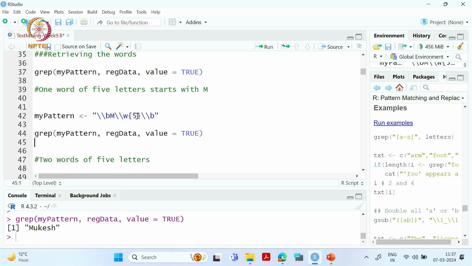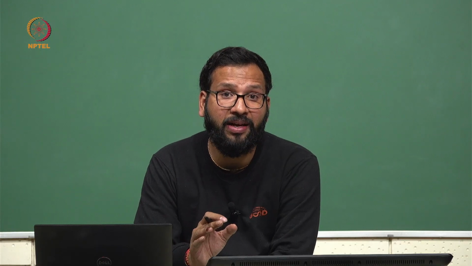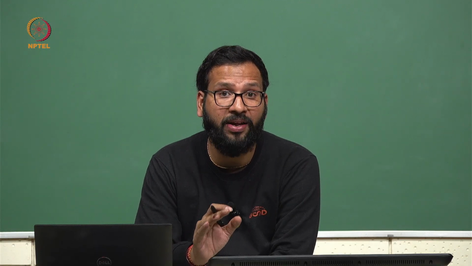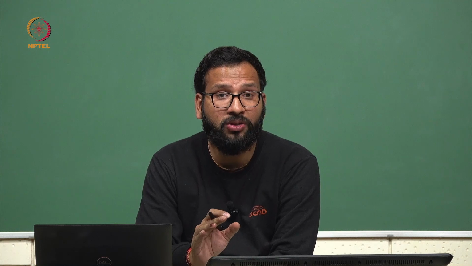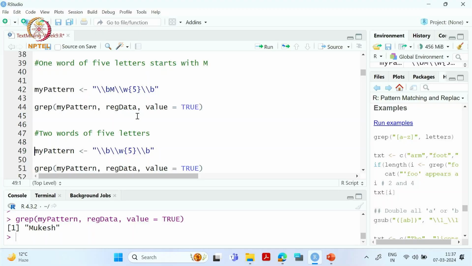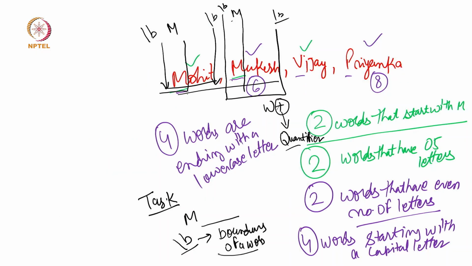Now we have also seen that there are some words which have exactly 5 letters. How will we do that? We will use a pattern with a boundary, then after the boundary, whenever the boundary starts, there are only 5 letters. Which words have 5 letters? One is Mohit and another is Vijay.